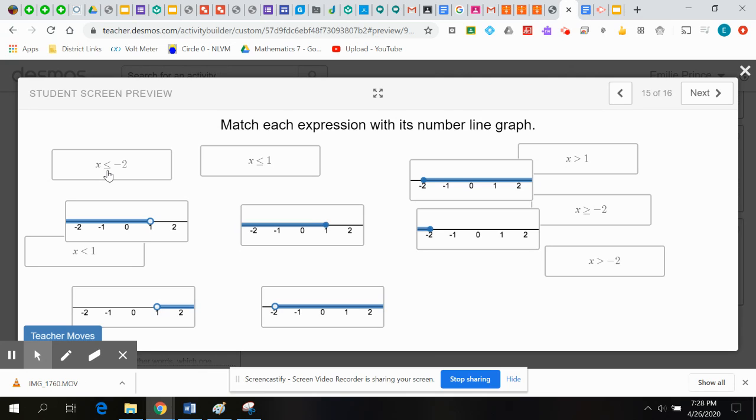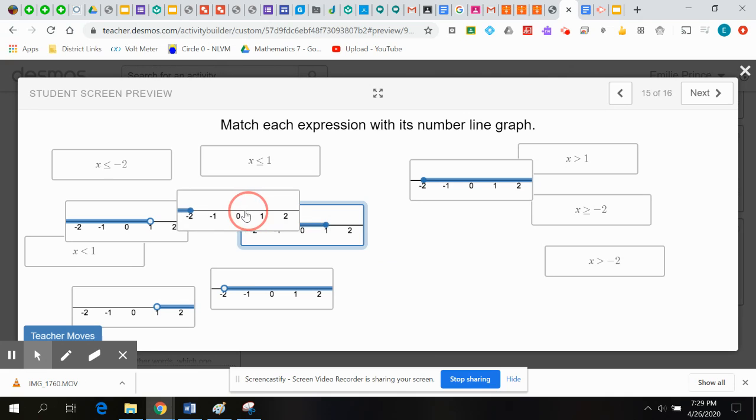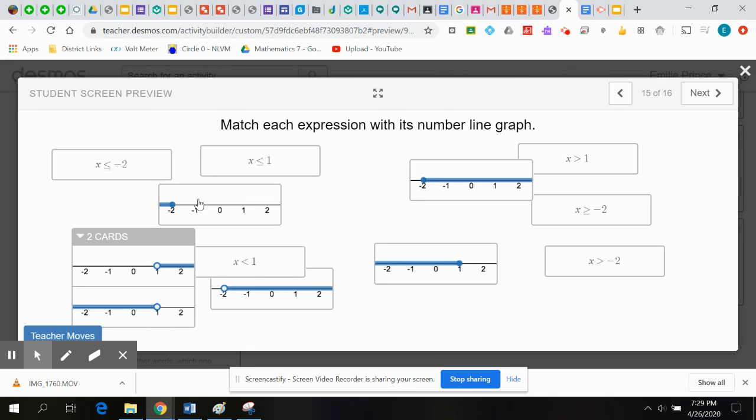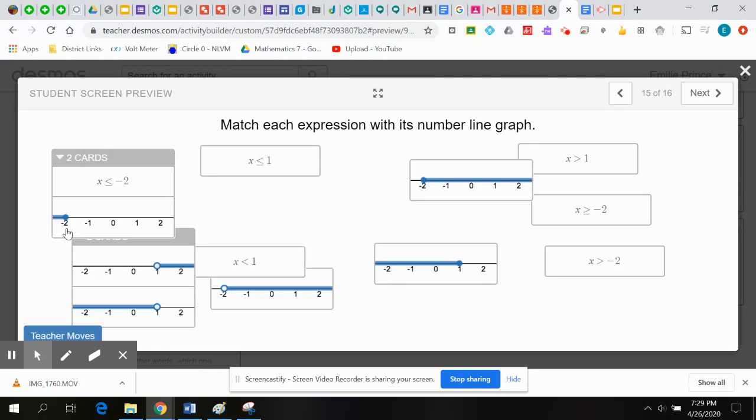So let's find the number line that says numbers that are less than or equal to -2. Well, these numbers are greater than -2. These numbers are less than -2. There we go, that's the only one. And if you'll notice, it has a closed-in circle over -2 because -2 is a solution.